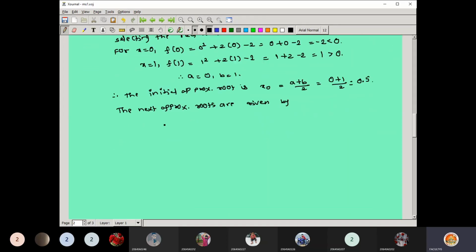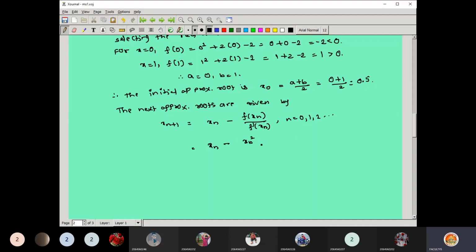It is xn plus 1 equal to xn minus f of xn by f dash of xn. Here n is taking the value 0, 1, 2 and so on. So first you do the simplification. It is xn minus f of xn, which means you write down the same given expression, x replaced by xn.